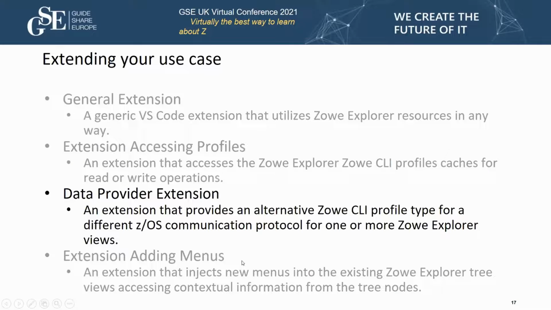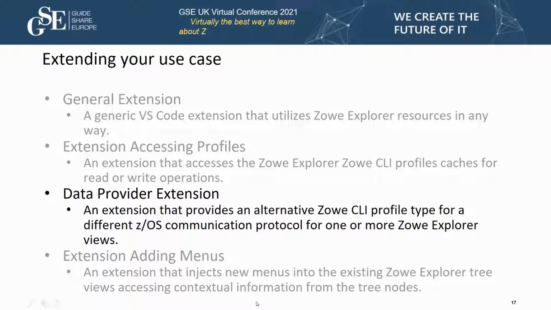So the third part is a data provider extension. The default z/OS communication protocol for Zowe Explorer is z/OSMF. But in case you don't have access to z/OSMF in your system, there's another protocol that you can use, or you can implement your own.